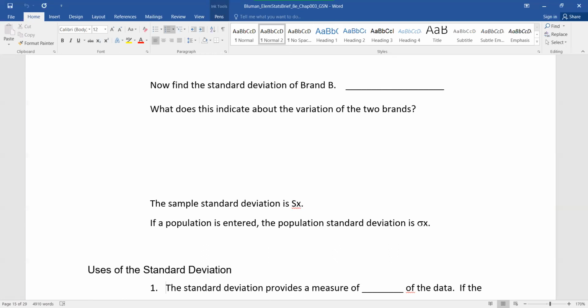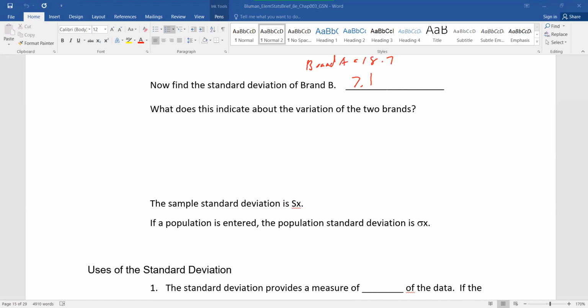So 7.1. And it says, what does this indicate about the variation of the 2 brands? Okay. And which one was bigger? Okay. So A's value was what? Let's compare them. 18. Okay.